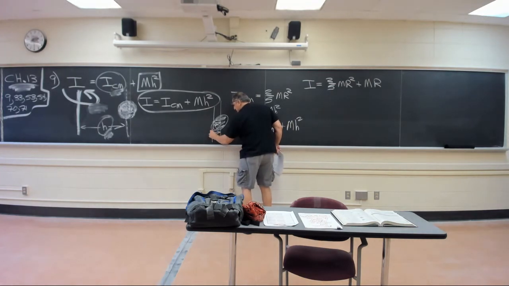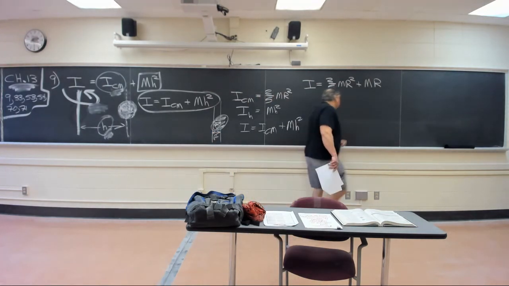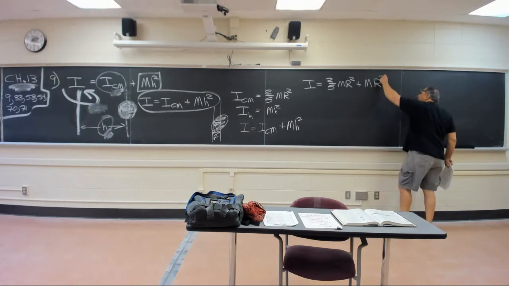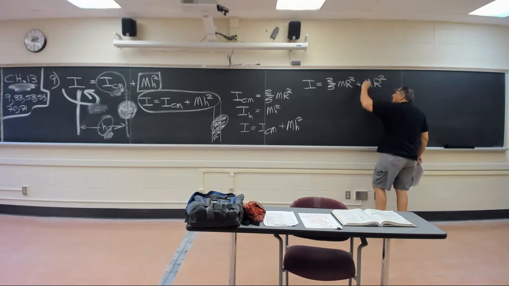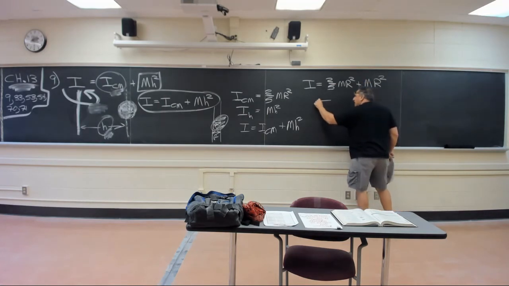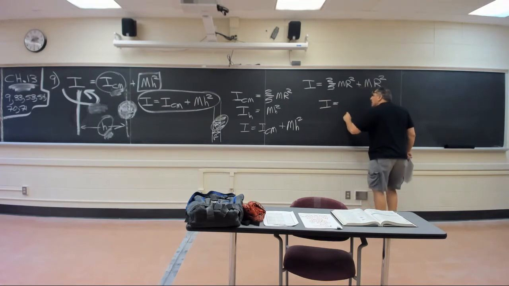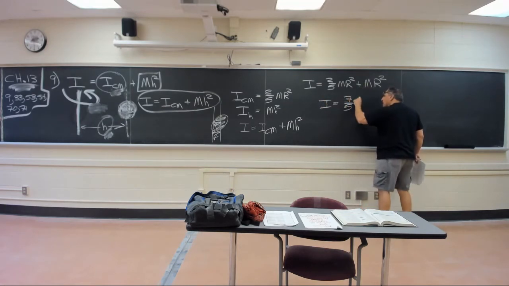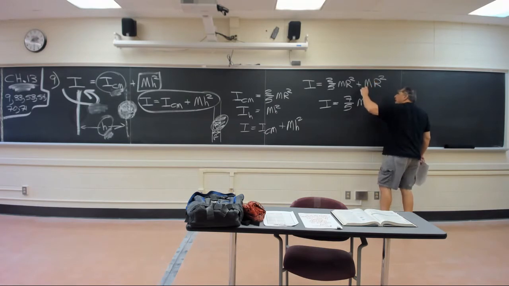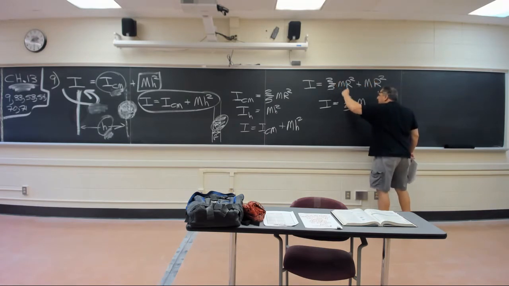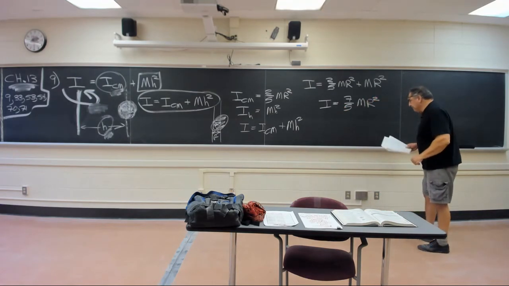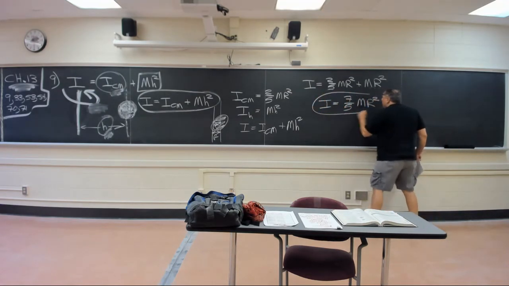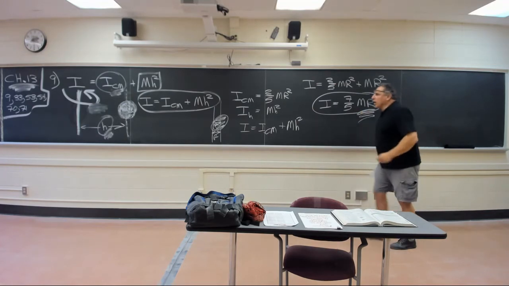That's R. So what we have here is 2/5 mR squared plus mR squared. Well, it's 1 plus 2/5, which is 1 2/5. That's 7/5 mR squared. And that's all that they're talking about regarding number 7.